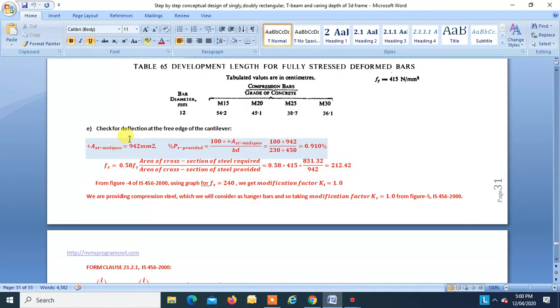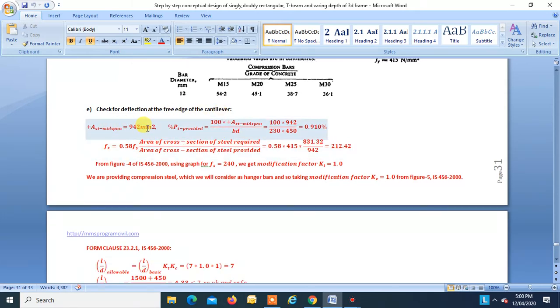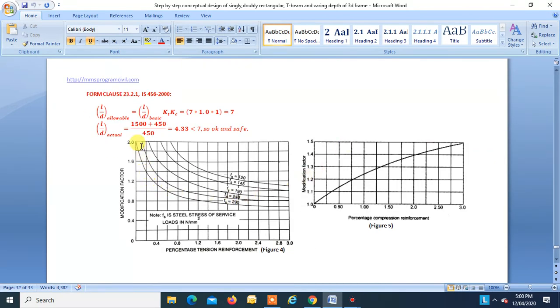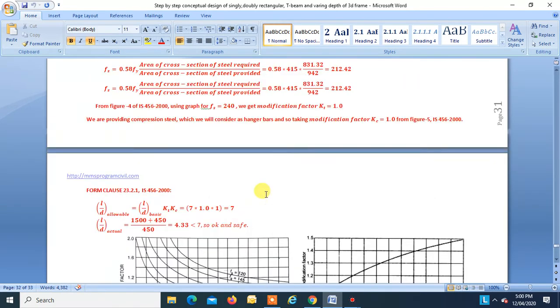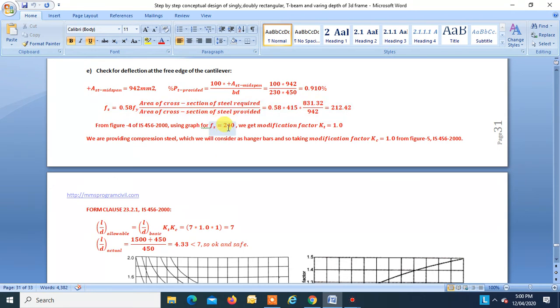Now check for the deflection at the free edge. So maximum steel provided at the support is 942, PT found is 0.910, FS found is 212. So we'll take the next larger FS, that is 240, right? So we'll take the graph for Fs equal to 240, okay.